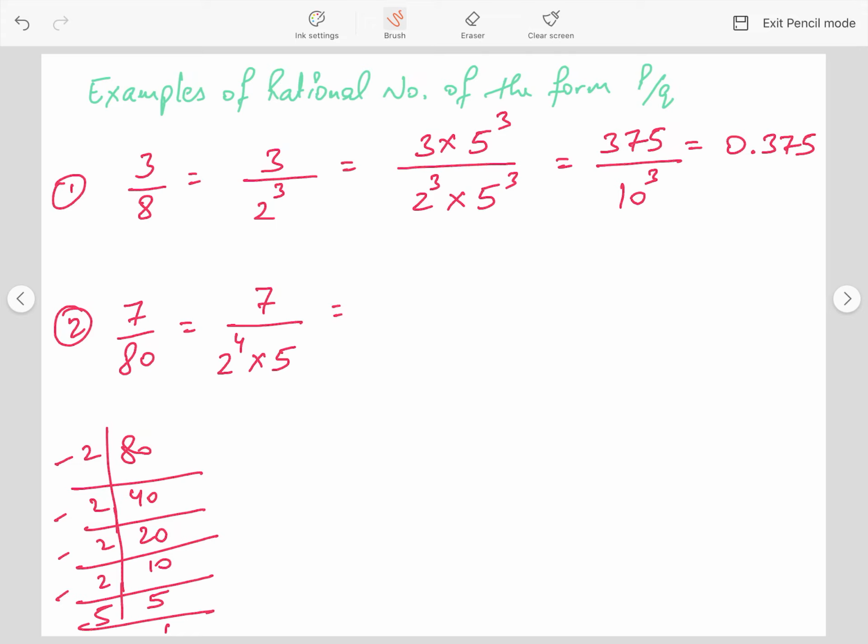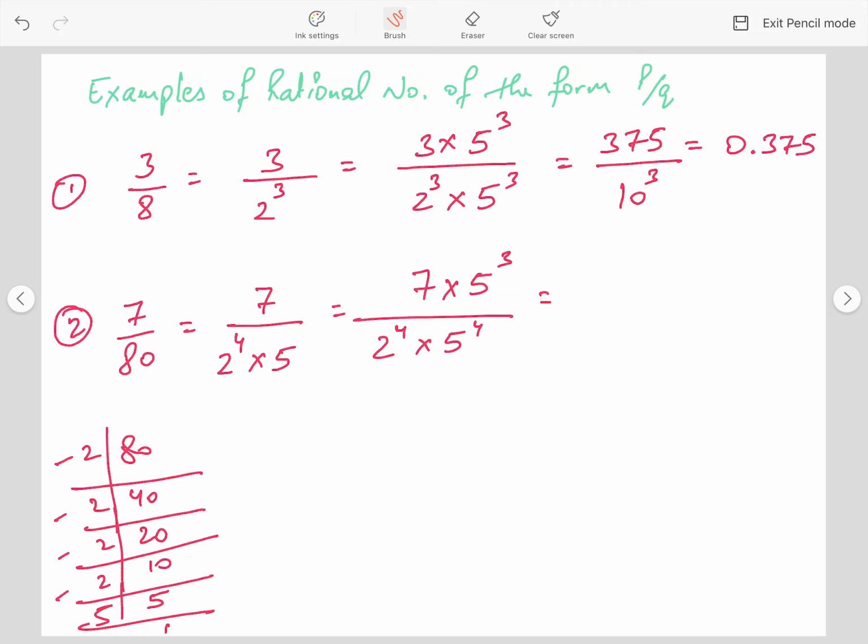So that will be equal to, if we need 10 in the base, we need another three 5s. So we will multiply 2 raised to the power 4 into 5 raised to the power 4, and in the numerator also we will multiply with 5 raised to the power 3, because in the denominator we already had one 5 and we require three more 5s only, so we will multiply that only.